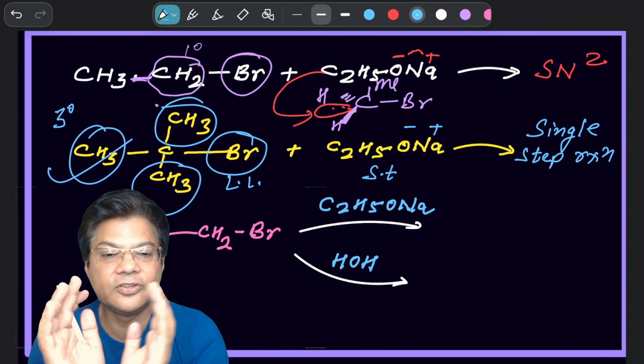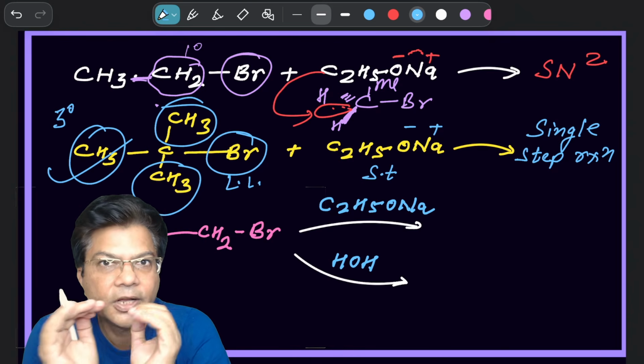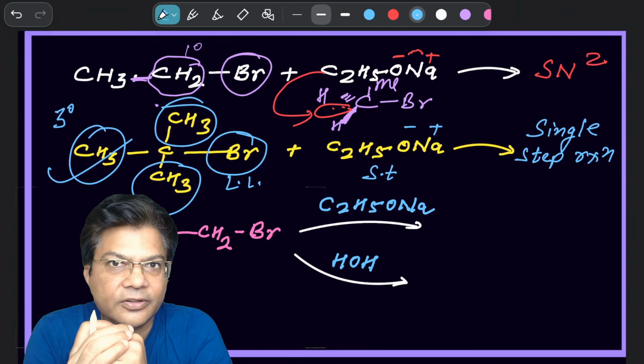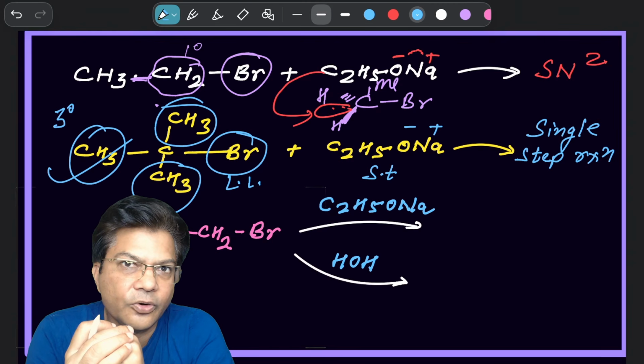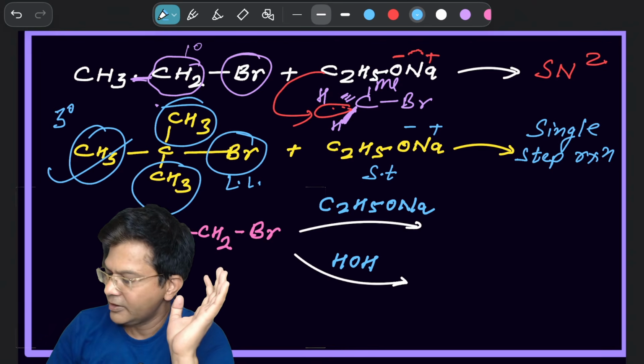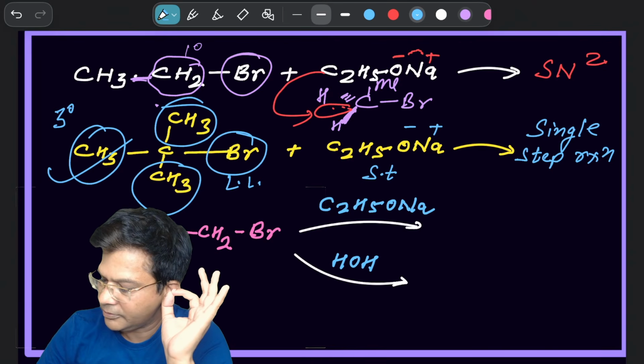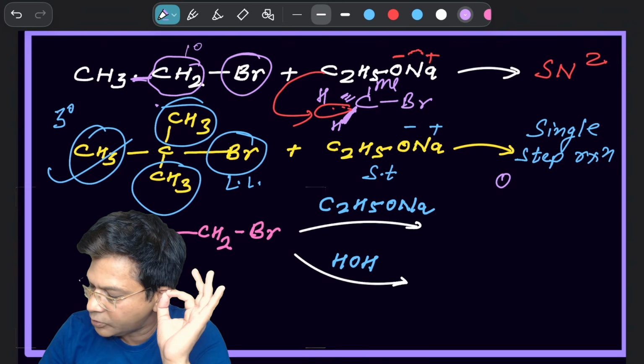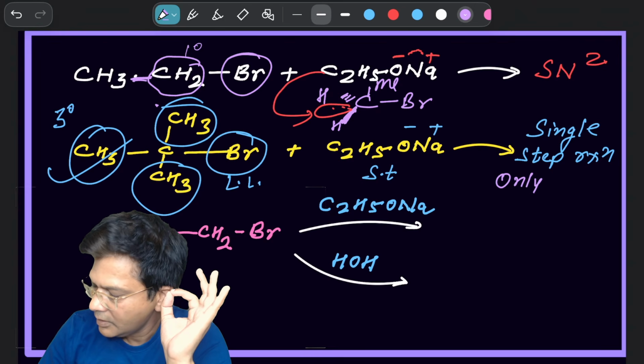The base is saying, I am strong, whatever I will do, I will do in a single step, but backside space is not there, so no SN2. Then what is left? Only E2 is left. So only E2 reaction will take place, my dear students, and that's why only elimination will take place.